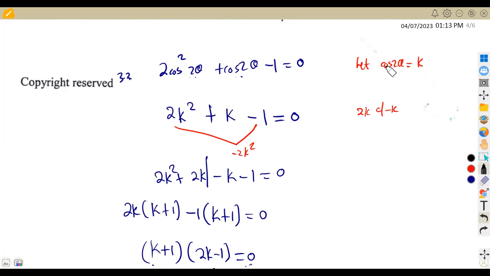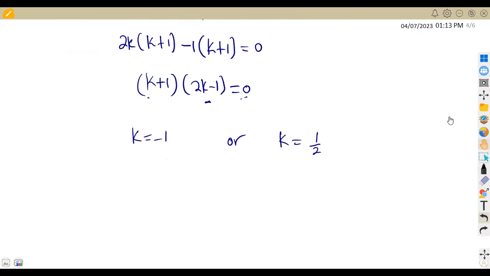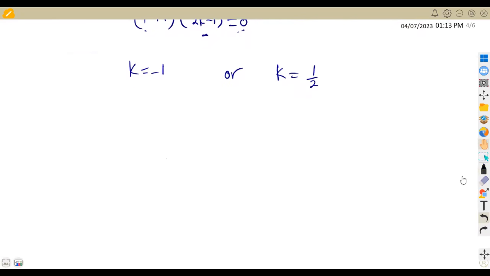So in place of cos 2 theta, we are going back now in place of k to substitute our cos 2 theta to say that here we are now having k, which is equal to minus 1, and k, which is a half. So that means cos 2 theta is equal to minus 1, or cos 2 theta is equivalent to a half in this case. So this is what you're going to have.